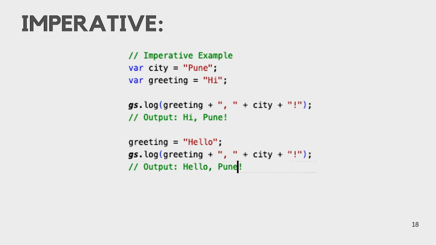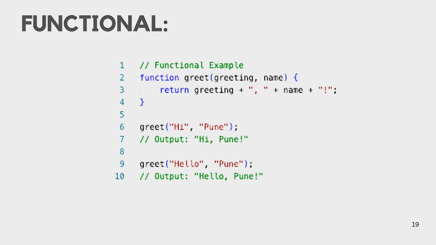So how could we do this in a more functional way? Well, we could turn our program, instead of a series of commands, into a function that I can call again and again. This time we are going to take in a greeting and a name and then return a concatenation of all those with some punctuation in there.